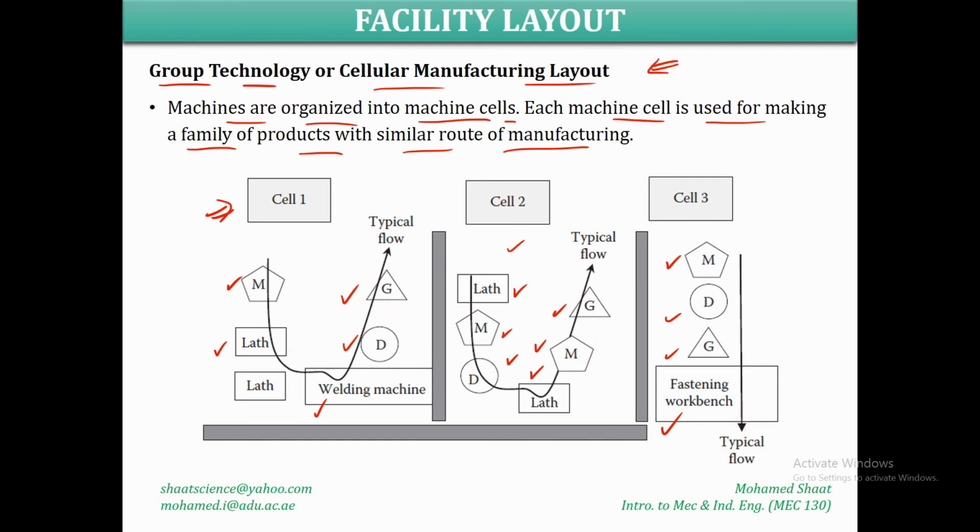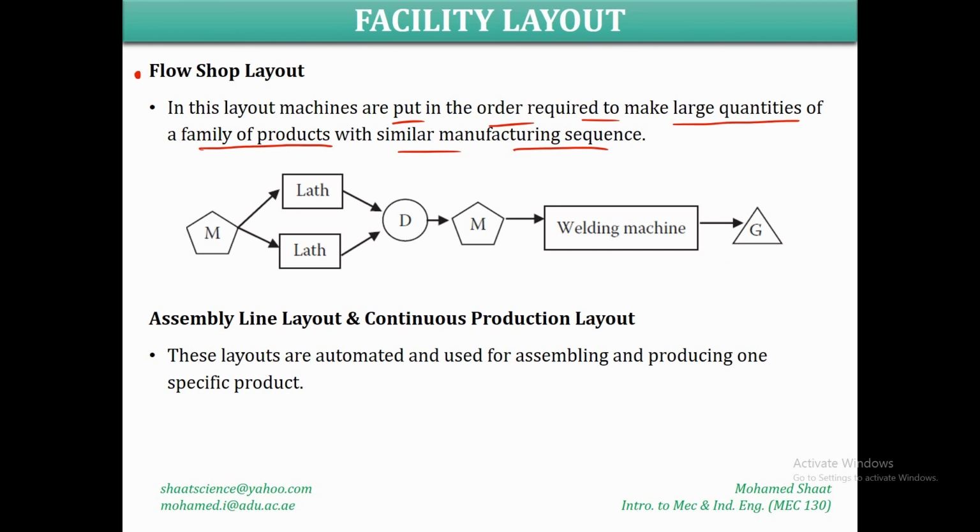So an organization using the cellular manufacturing layout or group manufacturing is a big, huge organization. But if you talk about small companies and small organizations, mainly they have a fixed route of manufacturing, and in that case this type of layout will be used for making a large quantity of a specific group of products, and what these products have in common is that they have a similar manufacturing sequence or process.